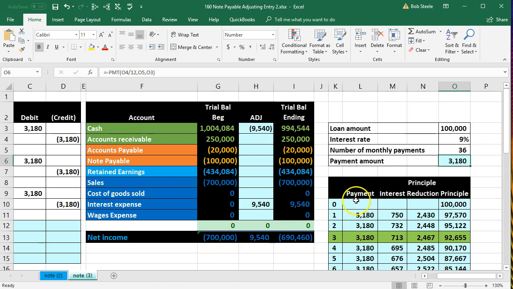Now, oftentimes we don't have the amortization table unless we create it. So if we were working with someone that didn't have the amortization table, or if we wanted to set up a system to make the recording of the payment as easy as possible, our options would be: when we make a payment, we're going to credit cash for this amount.